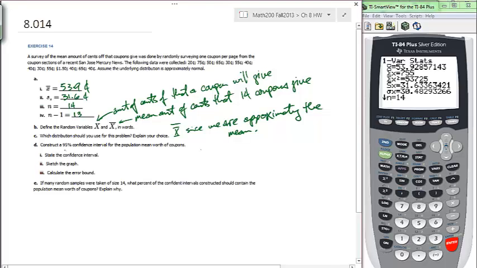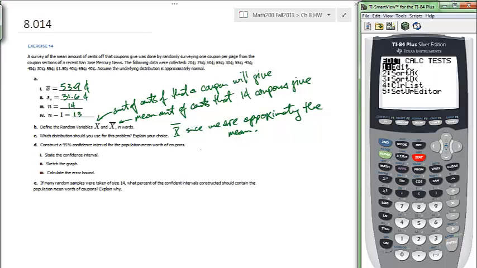Okay, part D asks us to construct a 95% confidence interval, sketch a graph, and calculate the error bound. So if we take a look at this setup, we'll go to Stat, Tests, and we're going to scroll down and choose between a z interval and a t interval.